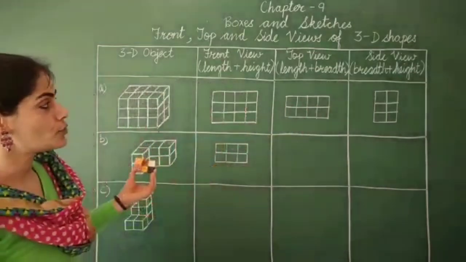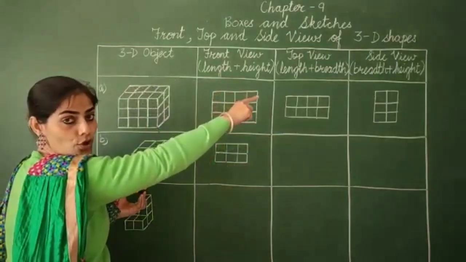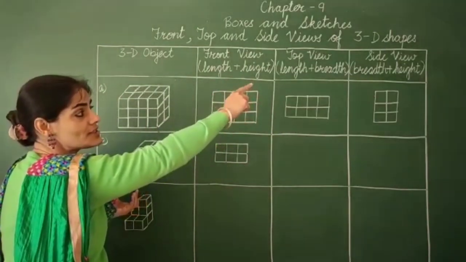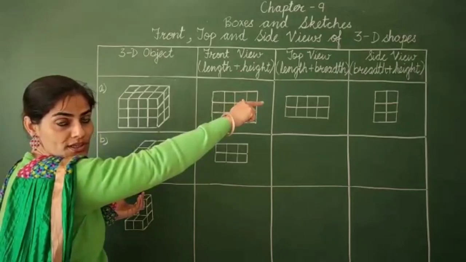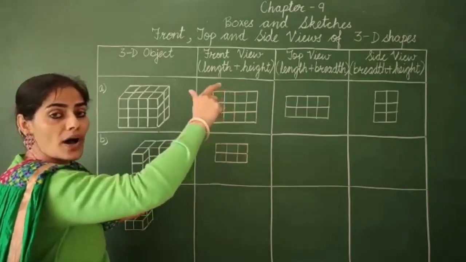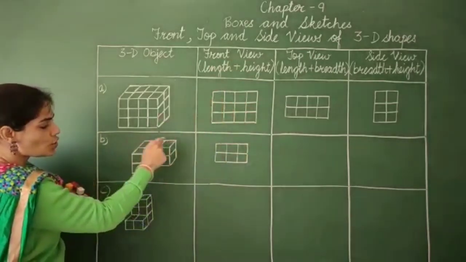Now next is the top view. In the top view, you are able to see the length of the object. You are able to see the breadth of the object, but you won't be able to tell how high that object is. So just observe.